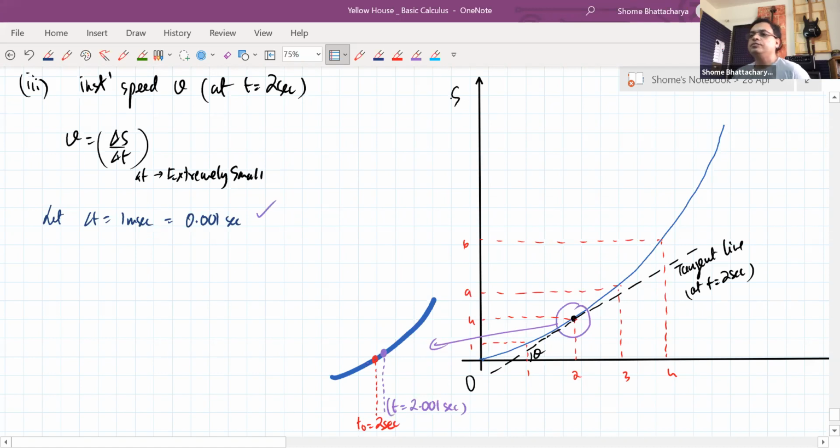That's correct. So whatever this value of s naught, now this next value will be s naught plus delta s, because this will be my delta s. This was my delta t, and I have taken delta t to be 0.001 seconds or 1 millisecond. Okay. So this will be s naught plus delta s.